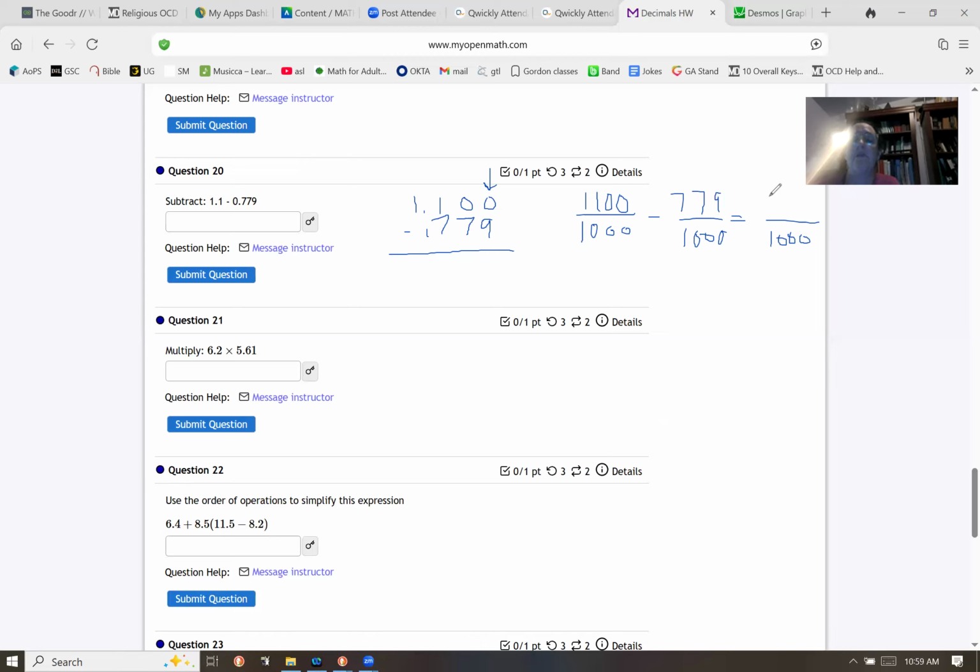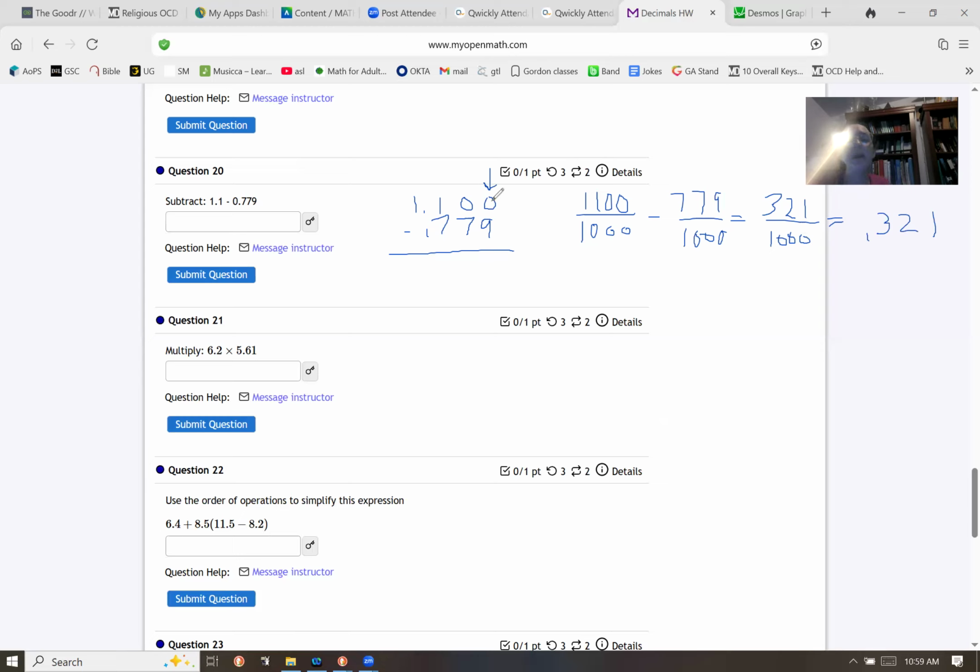Is anybody getting 321 thousandths? So if I'm correct on that, the 321 thousandths, if my mental math is right, then our answer is 0.321. Now let's check my math using the algorithm.